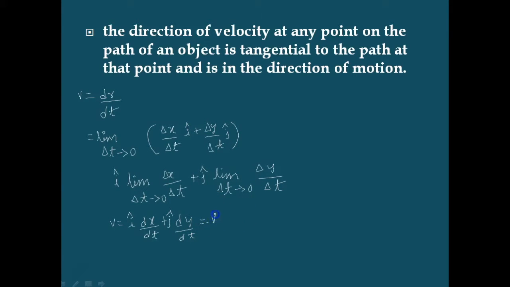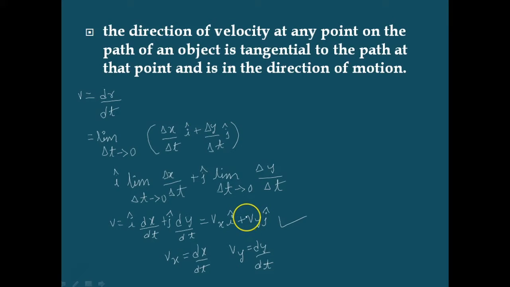That is given by Vx into i cap plus Vy into j cap. So Vx is nothing but dx by dt, and Vy is nothing but dy by dt. So this is the velocity v.